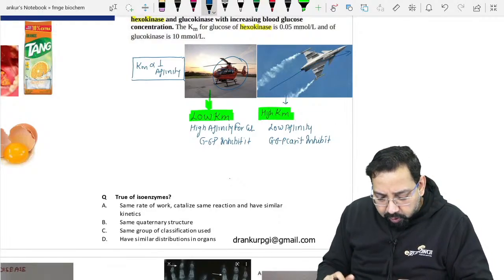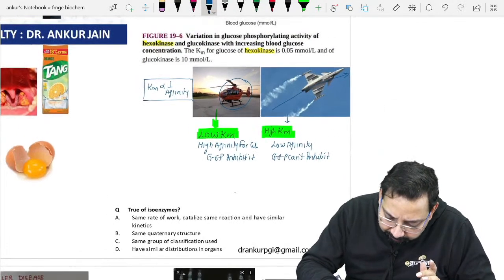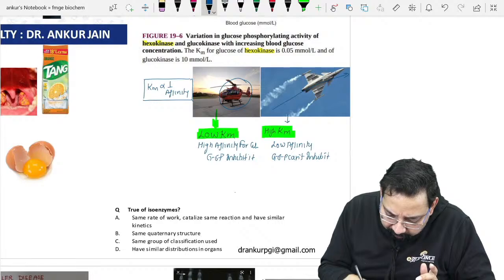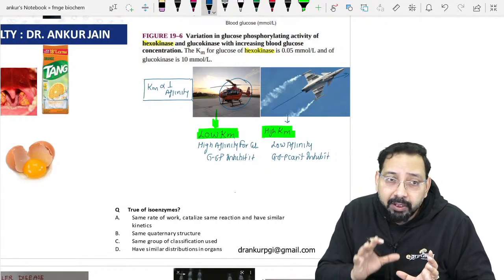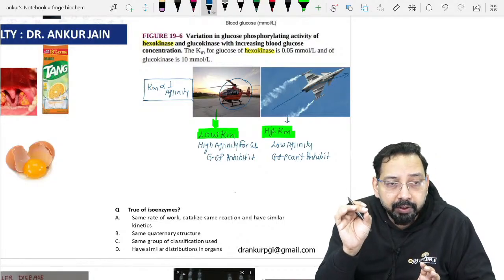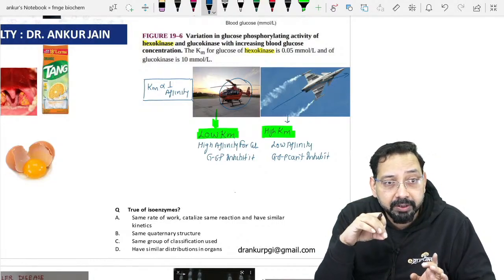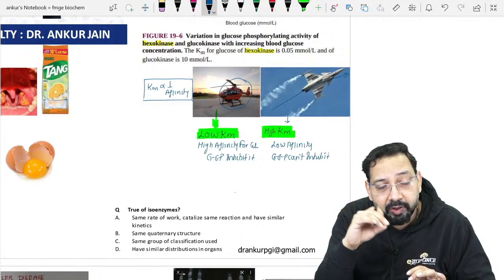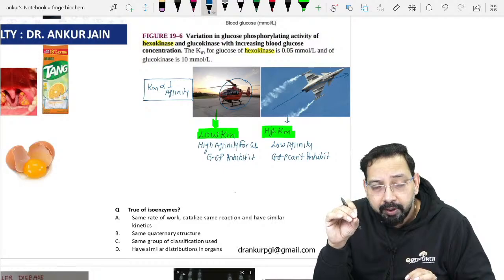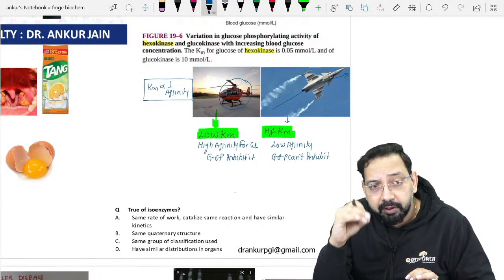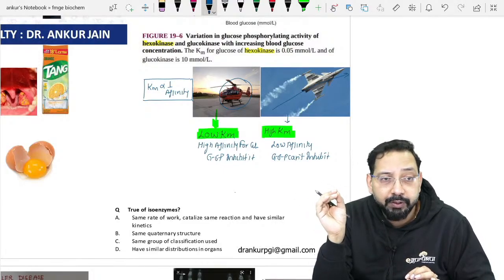For the time being, I say that hexokinase and glucokinase have two different properties. I will try to integrate different topics in one place, and you will be surprised that everything is interrelated. If you remember anything and integrate it with the other thing, it becomes very easy to understand.